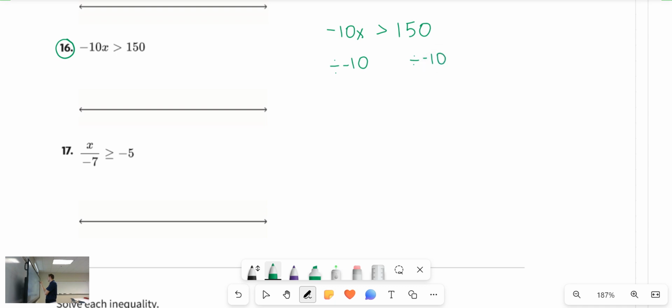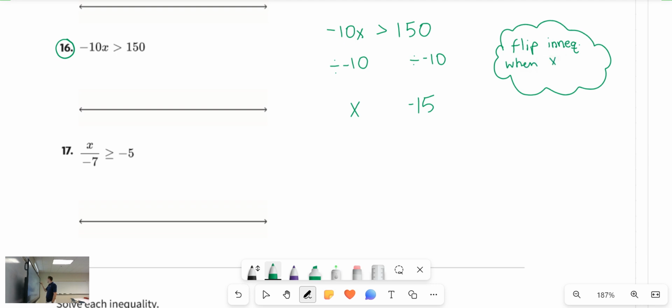When we do that, the x will be left by itself, and the 150 will turn to negative 15, but we also need to make note that we need to flip the inequality when we multiply or divide by a negative.